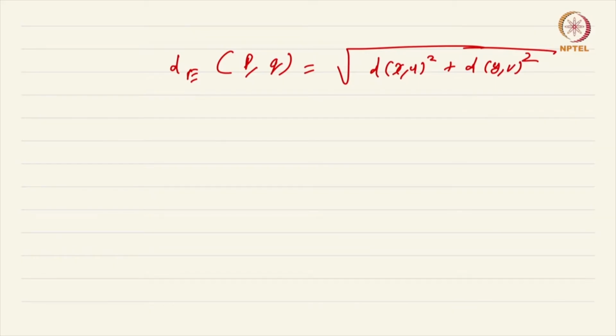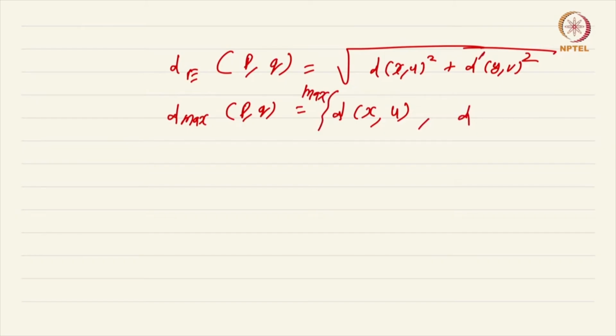The second one, d max of P, Q, is just the maximum of d of (x, u) comma d prime of (y, v). Here again it should be d prime, so just note that there was a small mistake here.